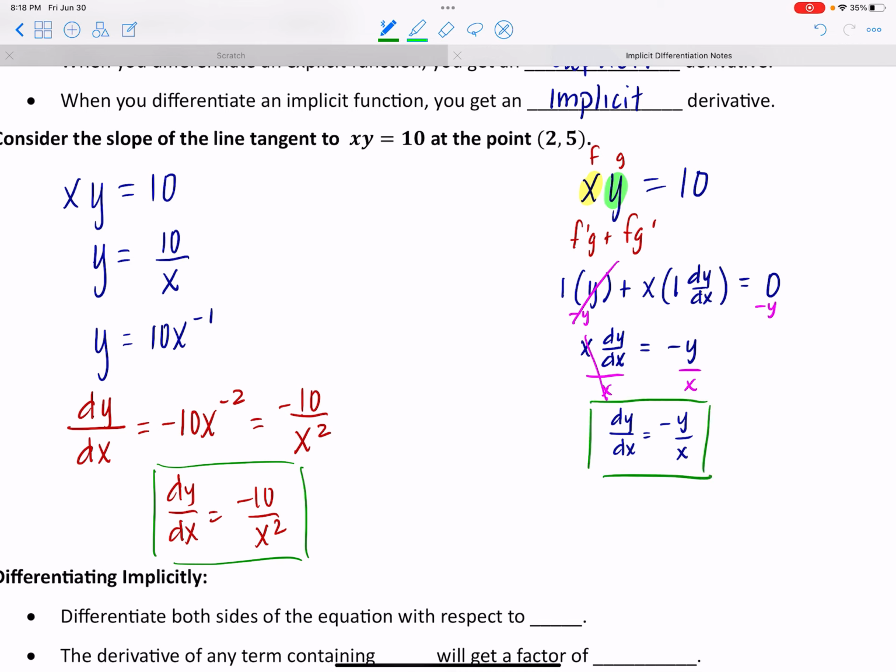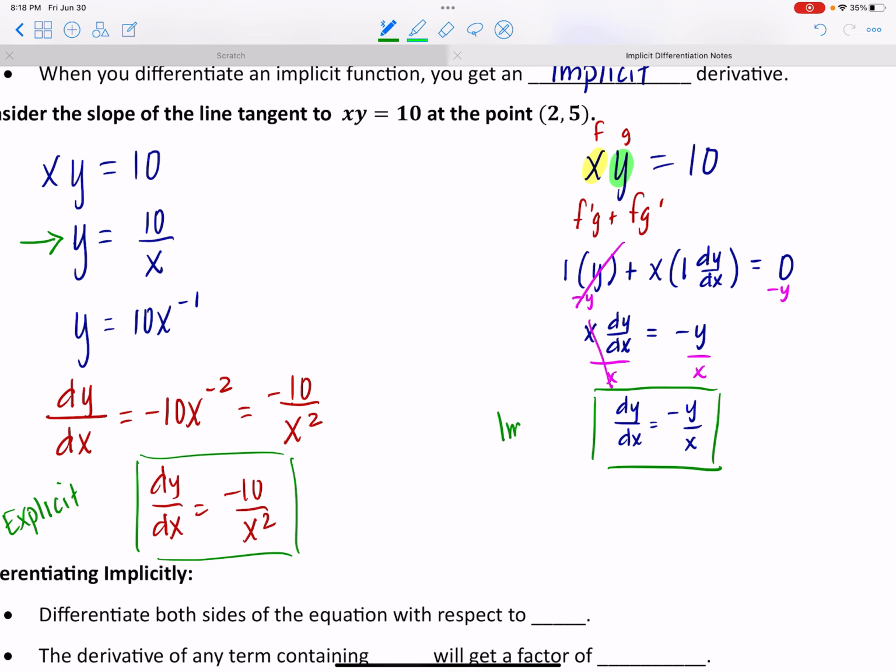One is explicit, only has an x in it because we differentiated the explicit version of the function. And then over here, we have an implicit version, where our derivative has x's and y's in it because we differentiated the implicit version. Now they look different, they definitely look different, but are they in fact any different?